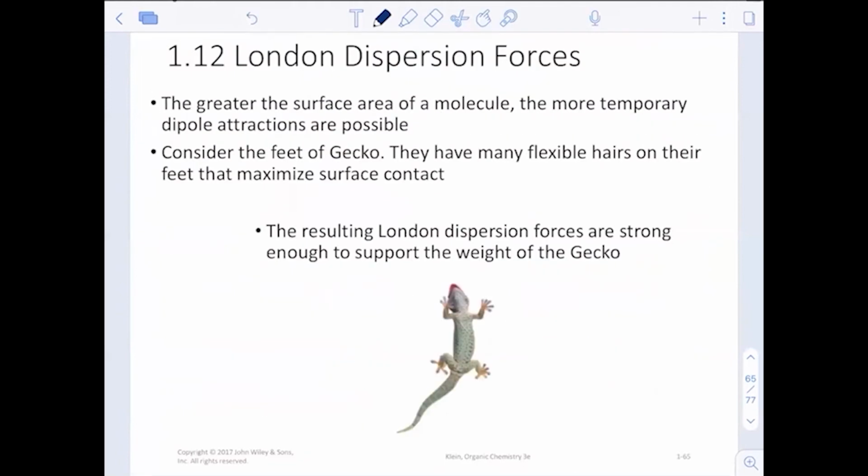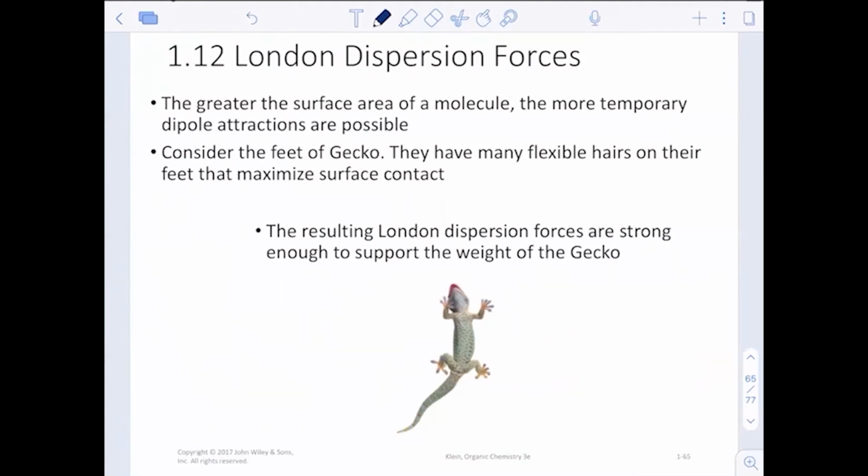So the greater the surface area of the molecule, the more temporary dipoles are possible. Looking at a real life example, the feet of a gecko. They have many flexible hairs on their feet that maximize the surface contact. And so geckos can walk up the wall. They're using London dispersion forces to walk up the wall.